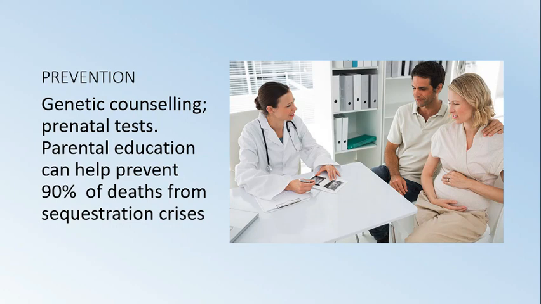Parents are supposed to be educated on how to prevent such things, the use of broad-spectrum antibiotics, and how to prevent the children from getting infections, and this can actually help prevent 90% of deaths from sequestration crisis. So parental education, screening tests and counseling are very needed since there's no major treatment. It's the only way we can help, especially counseling before marriage, which is very, very useful, guys.